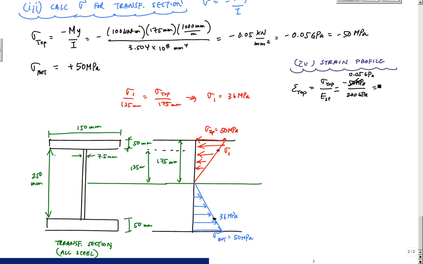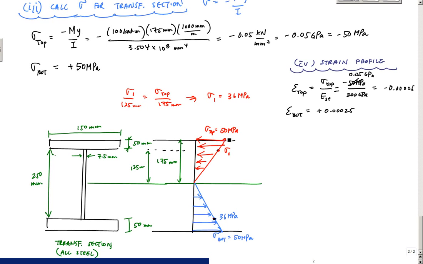This whole thing becomes negative 0.00025 strain. The negative just indicates I have a compressive strain, and just by symmetry, I know the strain at the bottom is a positive 0.00025 strain, or millimeter per millimeter, whatever units you want to use.